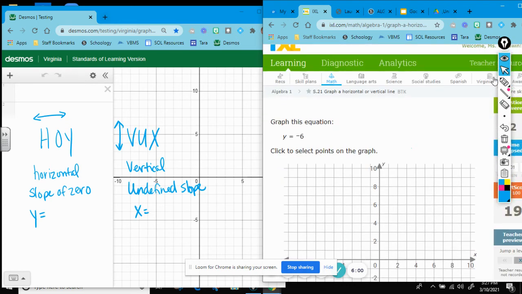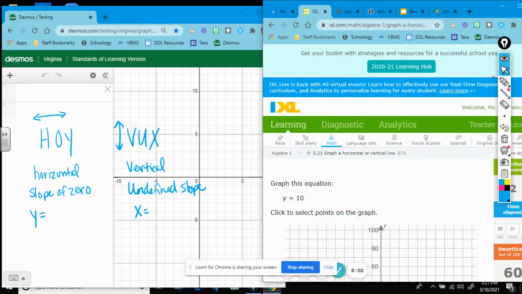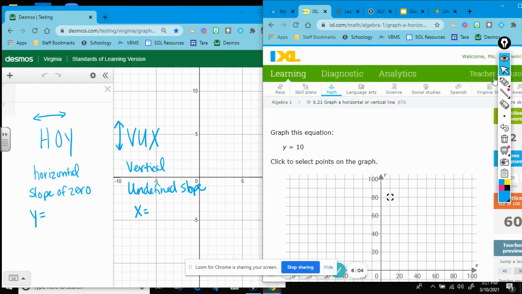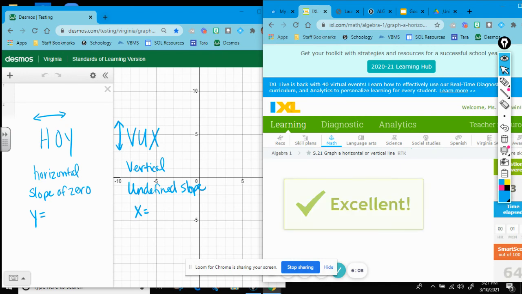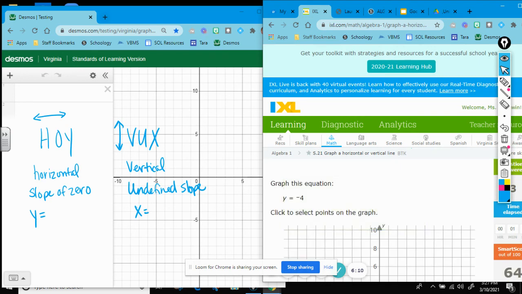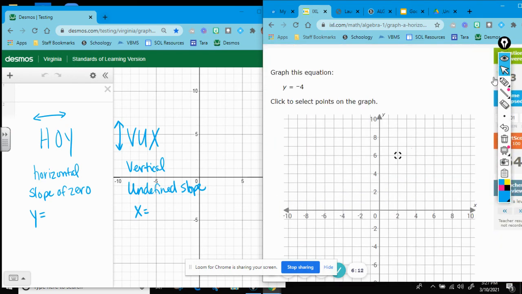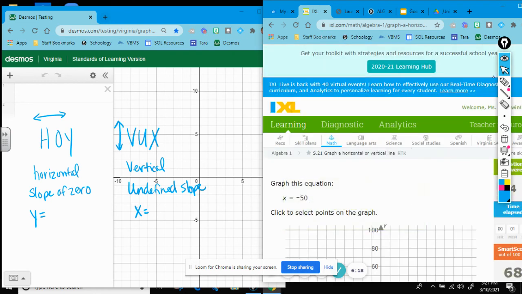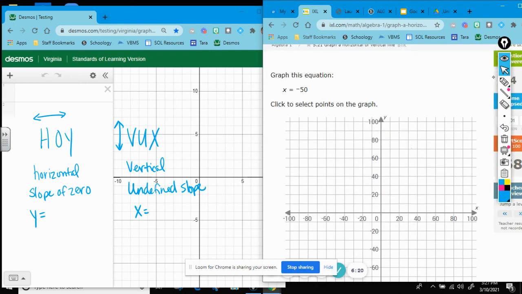Oh my goodness. Let's give me a different one. Give me an x is equal to. Okay, this is -4, so you're just coming down here. Finally, an x is equal to. Okay, so x is equal to, that's a vertical line.